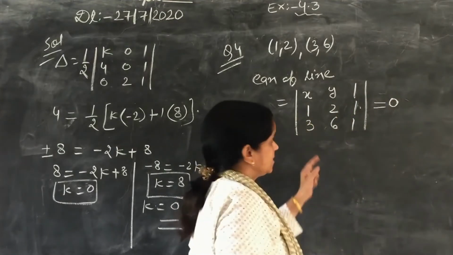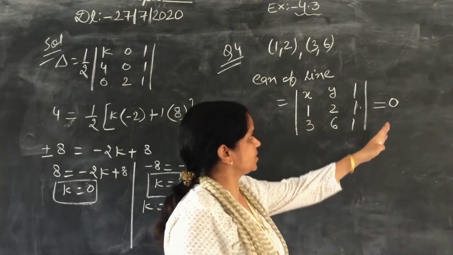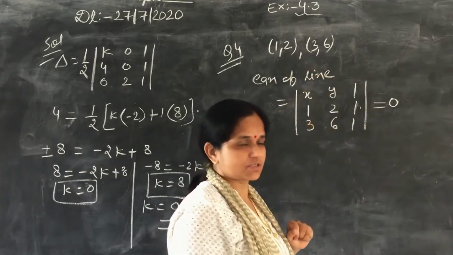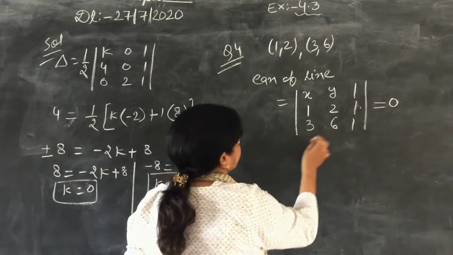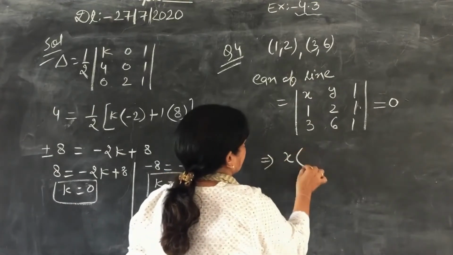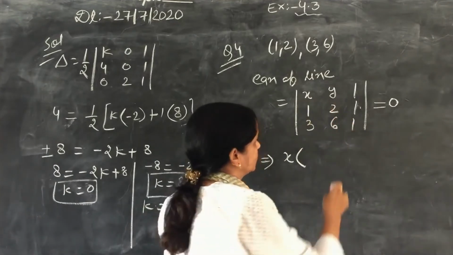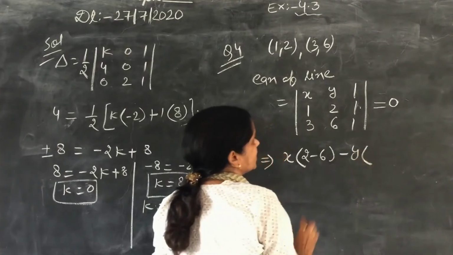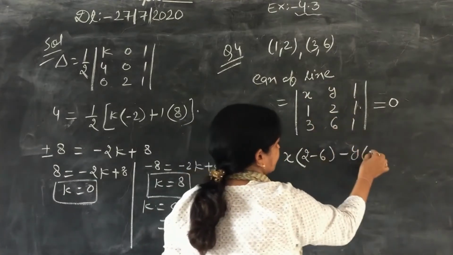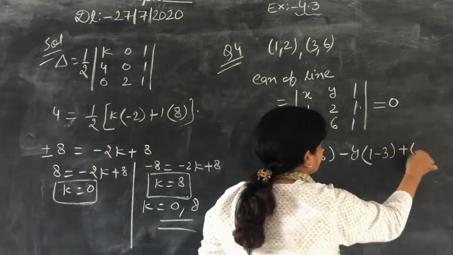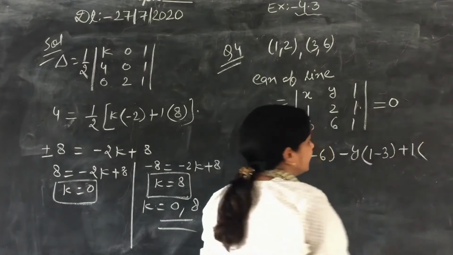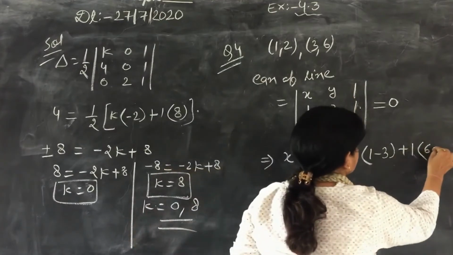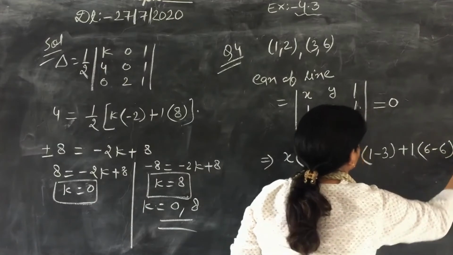Since the area of the triangle must be equal to 0. Area is 1/2 the determinant of the given points, students. So now expand it. I am starting from the first row. So it is 2 minus 6, now minus 5. This row and this column will cancel, students. 1 minus 3, plus 1, and first row, third column will cancel and we will get 6 minus 6 is equal to 0.